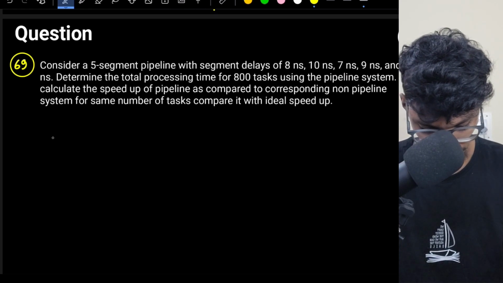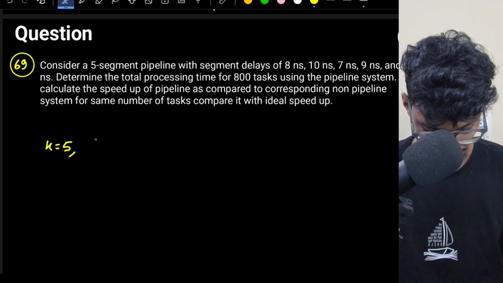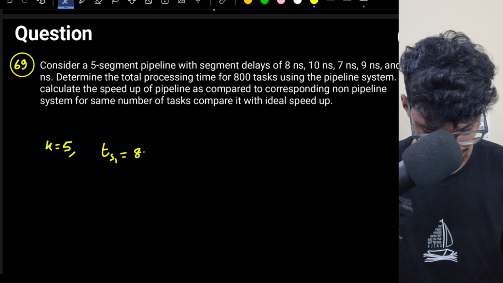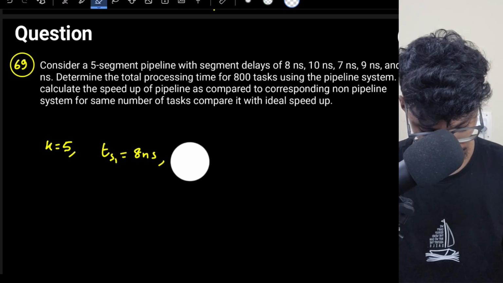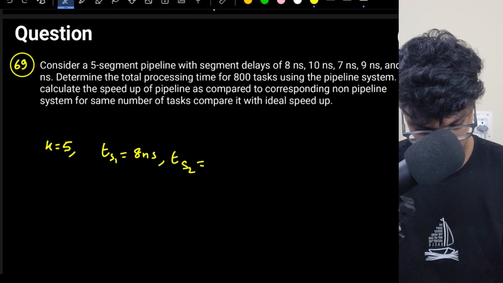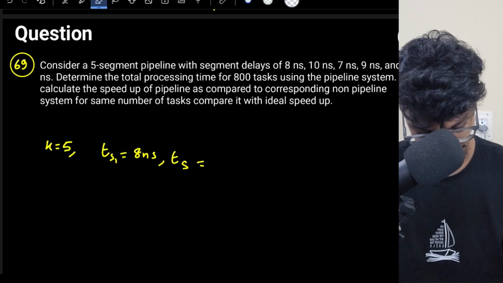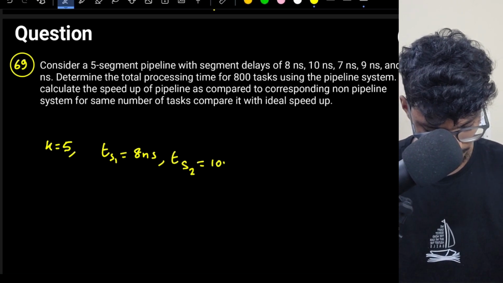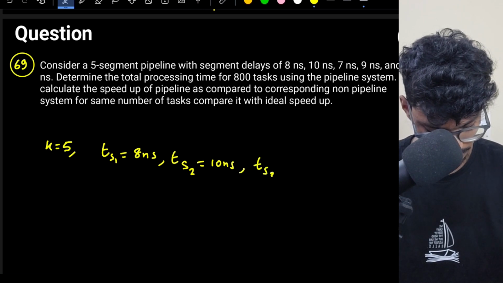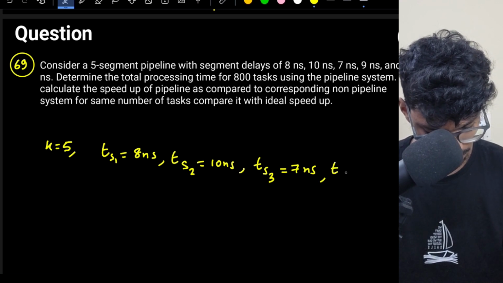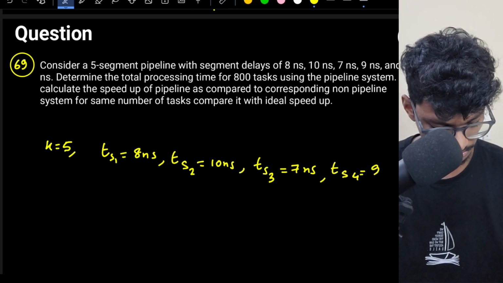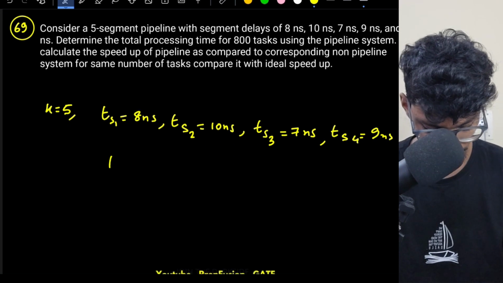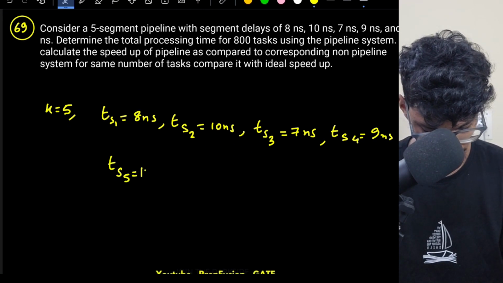So I will write that down: k equals 5, TS1 is 8 nanoseconds, TS2 is 10 nanoseconds, TS3 is 7 nanoseconds, TS4 is 9 nanoseconds, and TS5 is 11 nanoseconds.